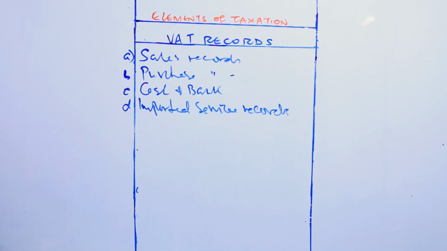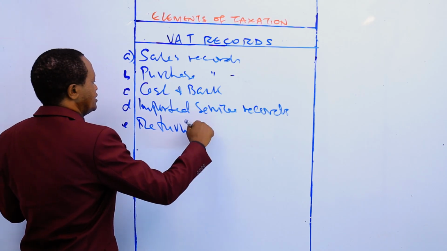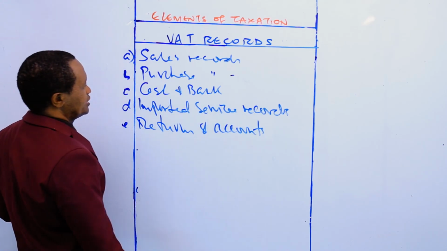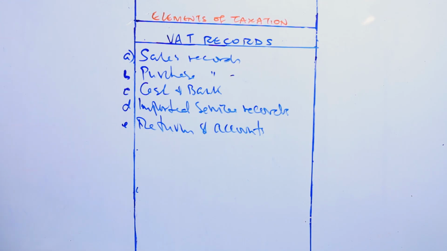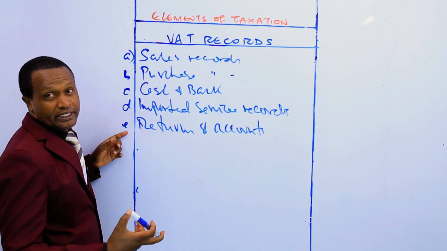Number 5, returns and accounts. This is another set of records that are required to be maintained. These are copies of all VAT3 returns filed monthly. Copies of monthly returns should be maintained.